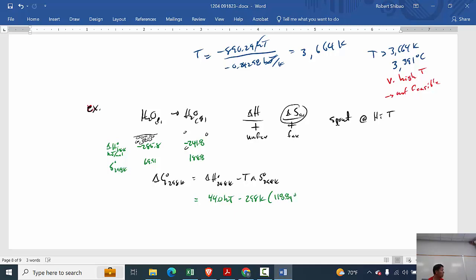Now this is in joules per Kelvin. What I'm going to do is convert that to kilojoules, since kilojoules are the typical unit for delta G. So I'll just divide it by 1,000, times 298. Is that minus 44.